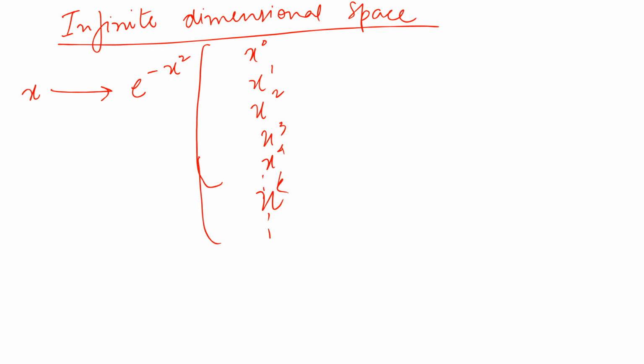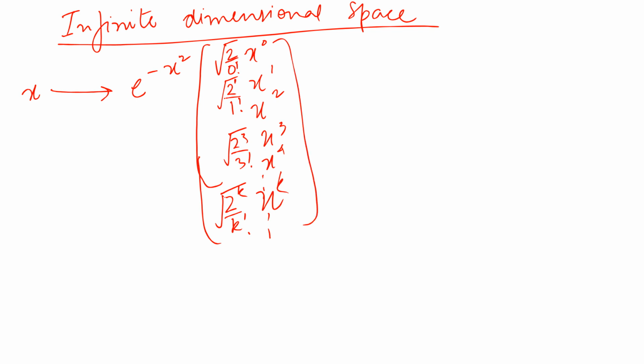And I also have, for mathematical convenience, this term added: square root of 2 to the 0 over 0 factorial, square root of 2 to the 1 over 1 factorial. So you got the idea of what's happening here. For instance, here it's going to be 2 cubed over 3 factorial, and here essentially it's going to be 2 to the k over k factorial, and so on, right? And this term is essentially added to normalize things.